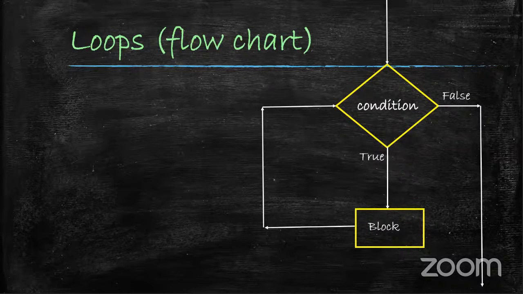After that, the program will go back to the condition and check it again. If the condition is still true, again it will go back to the same block and execute it again. This process will continue till the condition becomes false. As soon as the condition becomes false, the program will come outside the block and execute the rest of the program. Is this clear? Yes, sir. Okay.